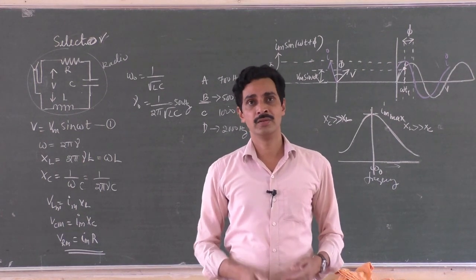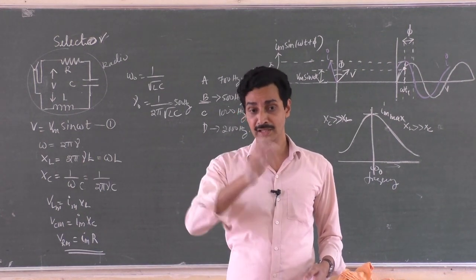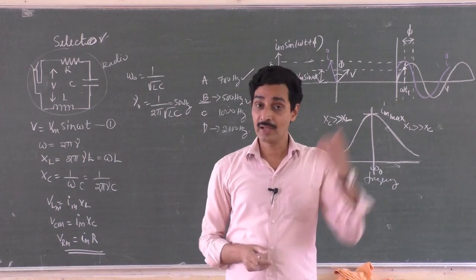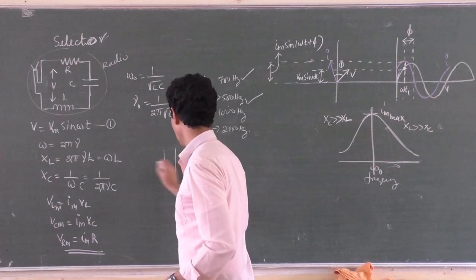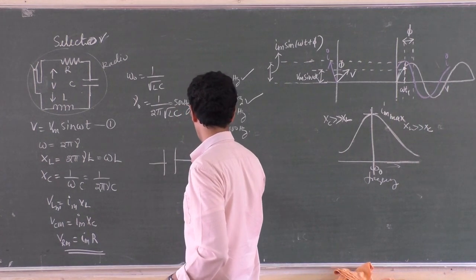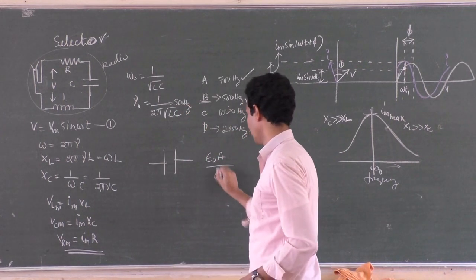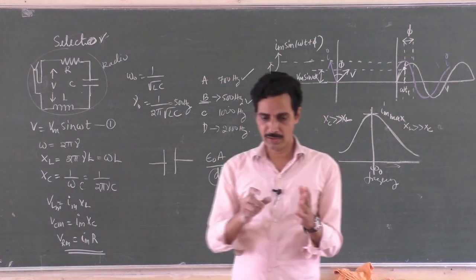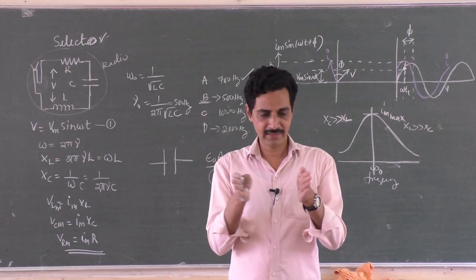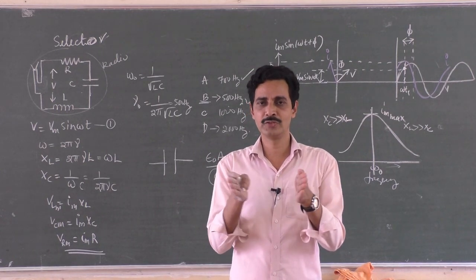But in the olden radios, we had one turning knob. When we turned that, there was a capacitor inside. You know that the capacitance of a capacitor depends on the distance between the plates and the area of the plates, right? Epsilon naught A by D. Now this distance is varied. When you turn the knob, you are actually changing the distance between the two plates using a screw.